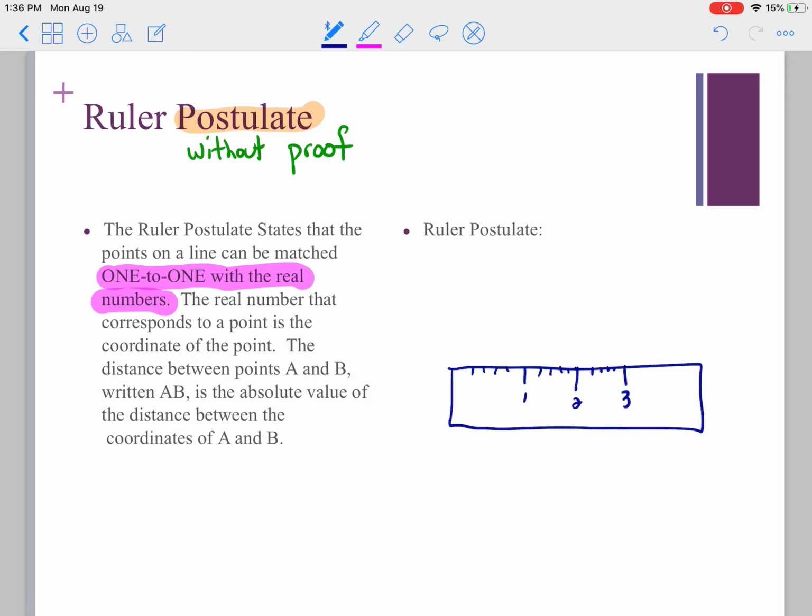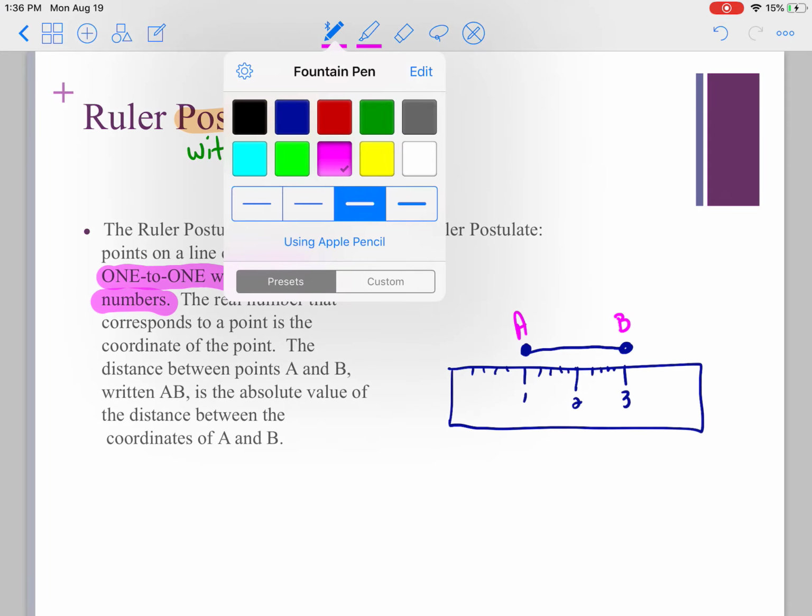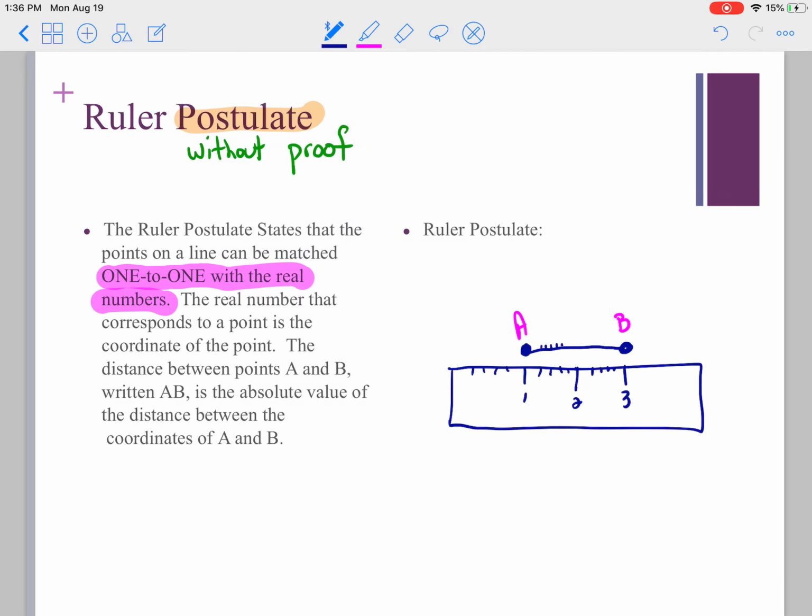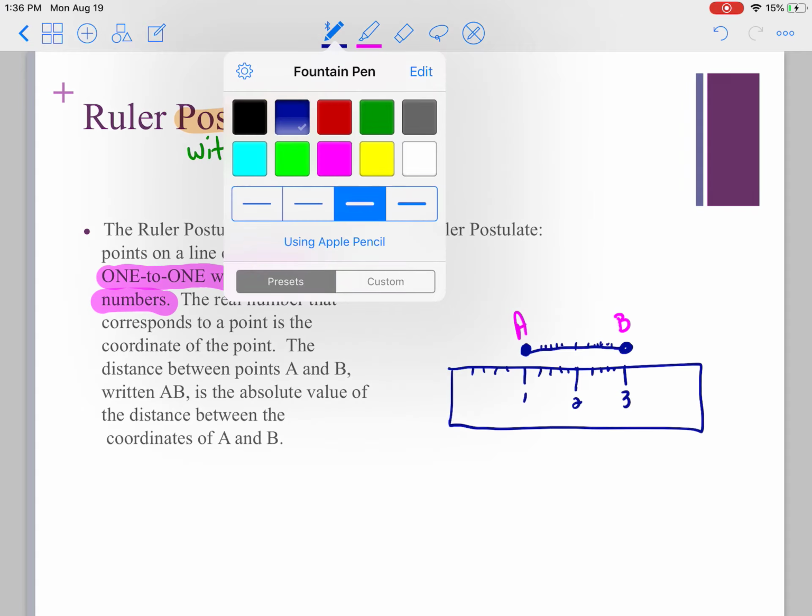So if I were to draw a segment from here to here, and give this segment a name, then I can see that any point along this line is going to correspond to a real number on the ruler that I drew, just to give a visual example of what the ruler postulate says. So any point on this segment AB, and I could even extend it if I wanted to.